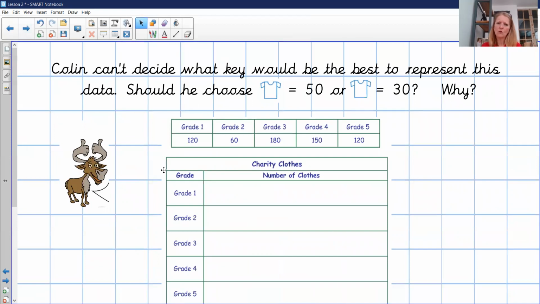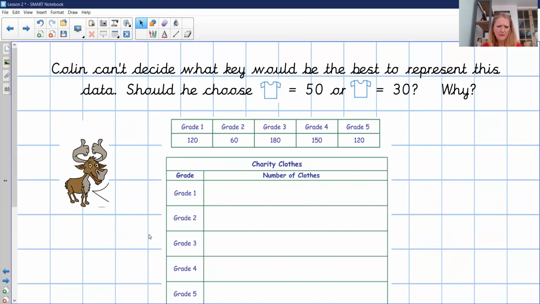Okay, so Colin wants to make a pictogram here, and he's got some information. So we've got a title here. These are charity clothes, and in different grades, the number of clothes that were donated, maybe.